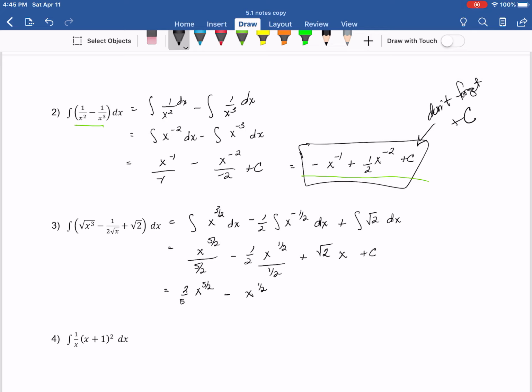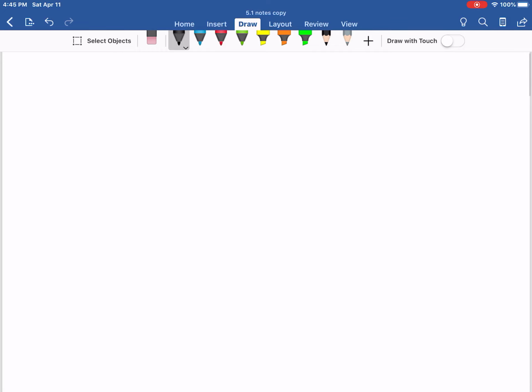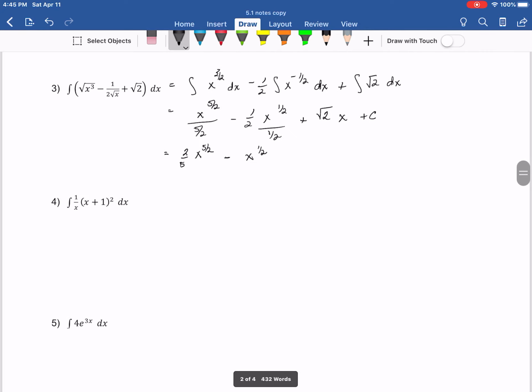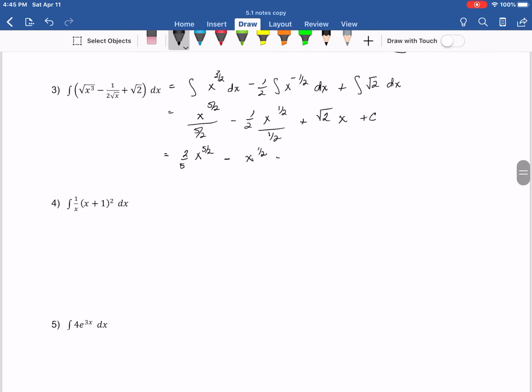Now, when I multiply 2/1 times 1/2, I just get 1. So that would be my answer. And I would check if I wanted to by taking the derivative, and I would get back what I had in the integral.